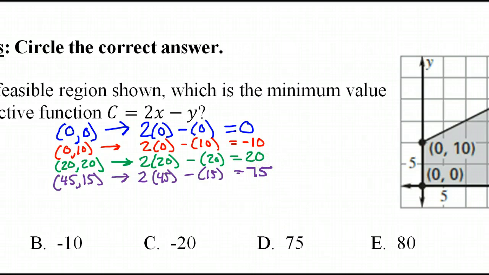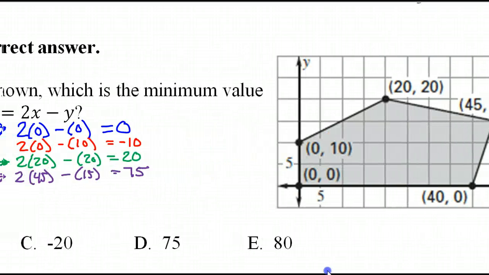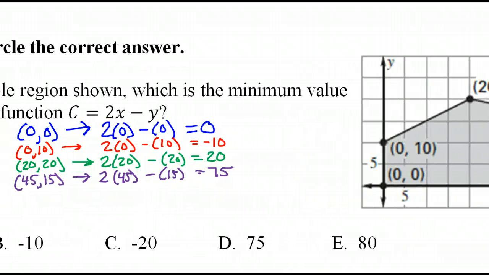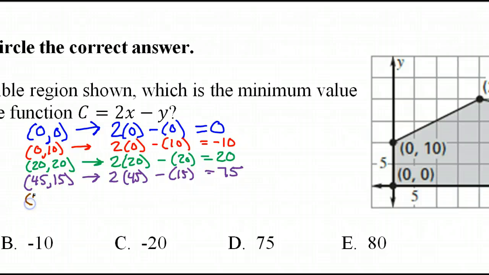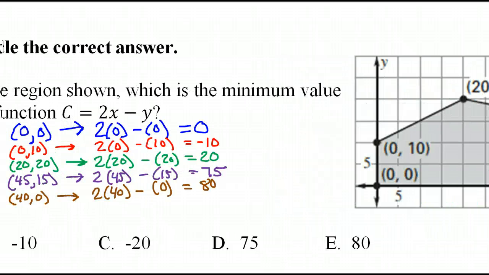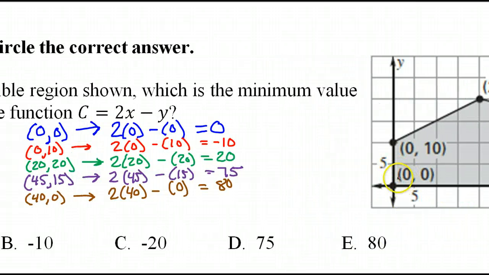And if I do 40, 0, that would be 2 times 40 minus 0, so that is 80. And that's it. And that brings me back around to 0, 0.